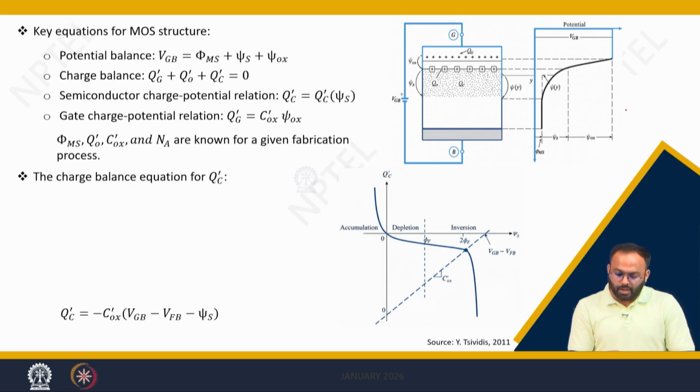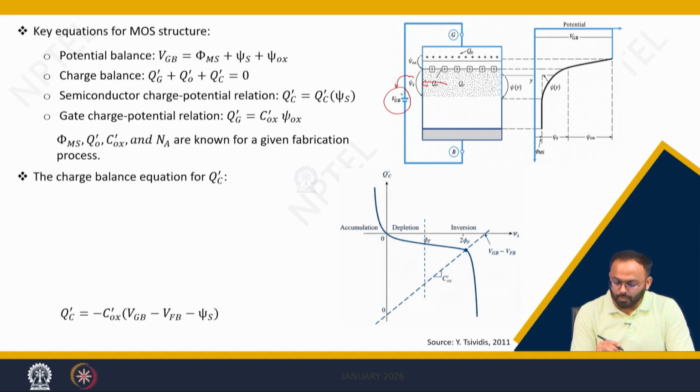Let us complete our analysis by solving a few more equations, because our goal is not just to find out how the channel charge responds to the surface potential, because surface potential is not in your hand. The actual quantity which is in your hand is the gate to body voltage. This voltage you are applying externally. So, you need to relate, in an equation or formulation, how the surface potential responds to the gate to body voltage and how the channel charge responds to the surface potential.